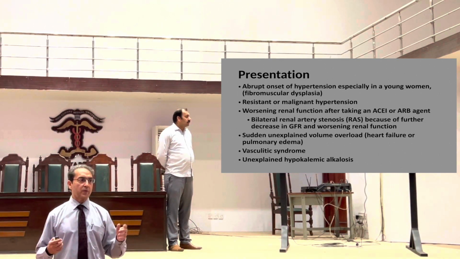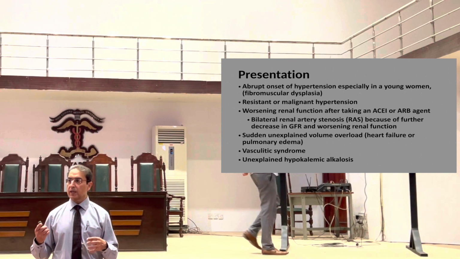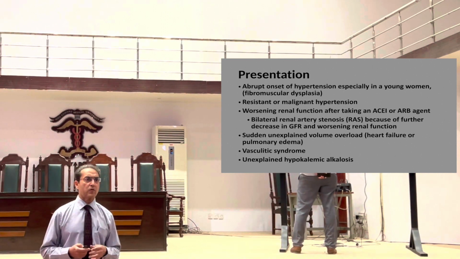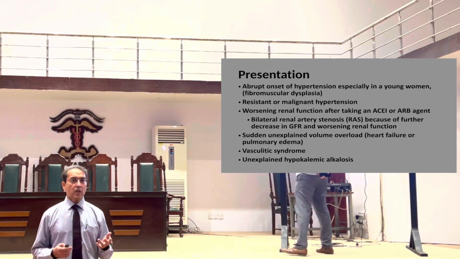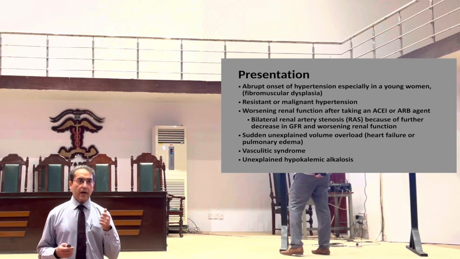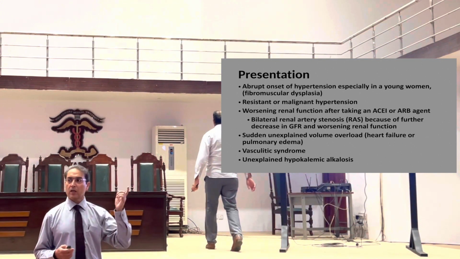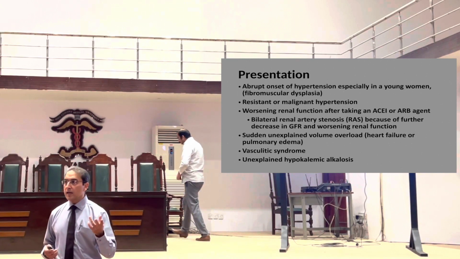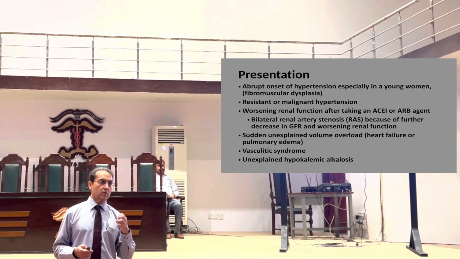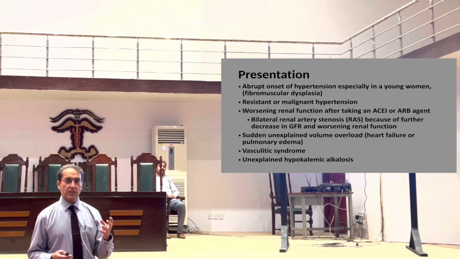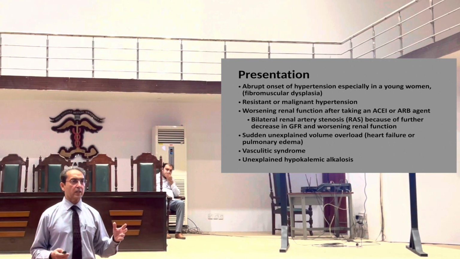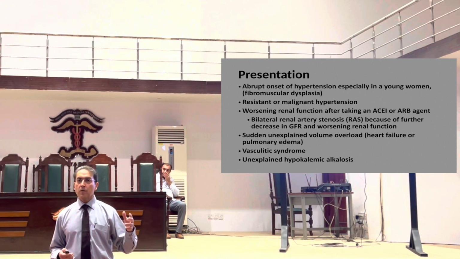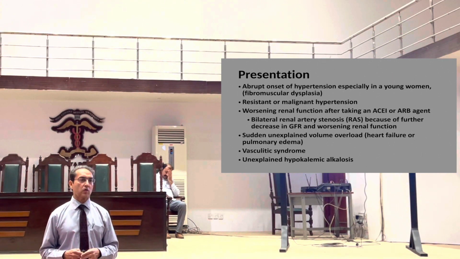Volume is increased, sodium is being lost, and the patient will have hypertension and hyponatremia, which is not seen in other types of hypertension. And if there is bilateral renal artery stenosis and you give these patients ACE inhibitors or ARBs, the creatinine rises. So this is another presentation. Any patient who is younger and hypertensive, when you start ACE inhibitors or ARBs, you have to monitor the creatinine. If the creatinine rises, it means the patient has a problem in the renal circulation.